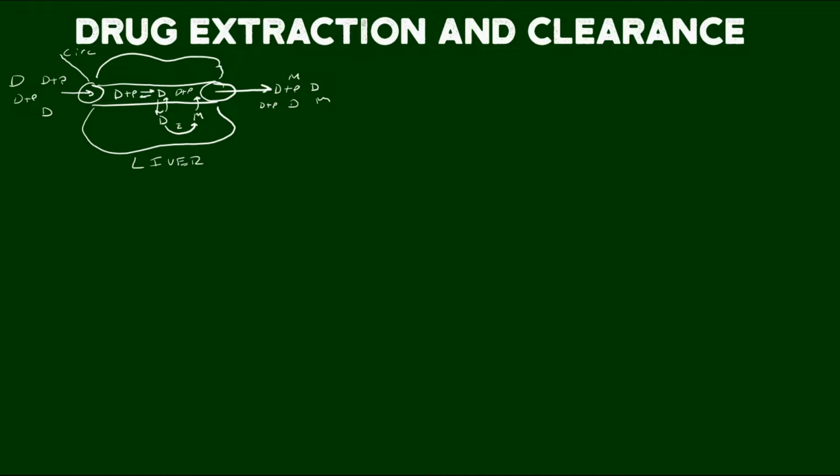So drug exists in equilibrium with its free and its bound form, as well as in the extracted or the absorbed form into the liver. It exists in equilibrium there as well. When it's in the liver, it could be metabolized by an enzyme into a metabolite, which is then taken up back into circulation and then exits the liver.